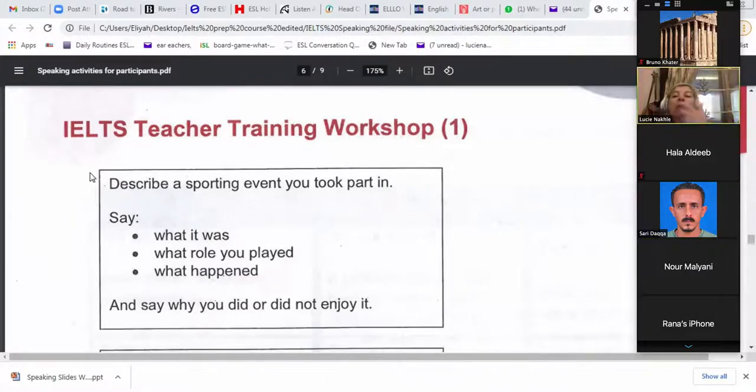And how can one connect their ideas? By using what? The connectors. We call them cohesives. Yes, we call them cohesives. To connect, to collate: however, also, moreover, on the other hand, but also, things like that.